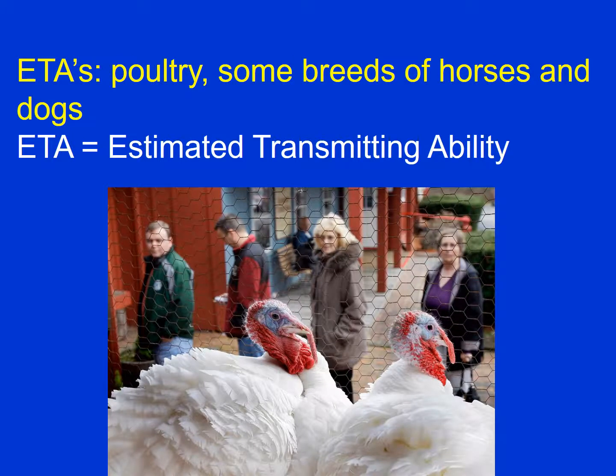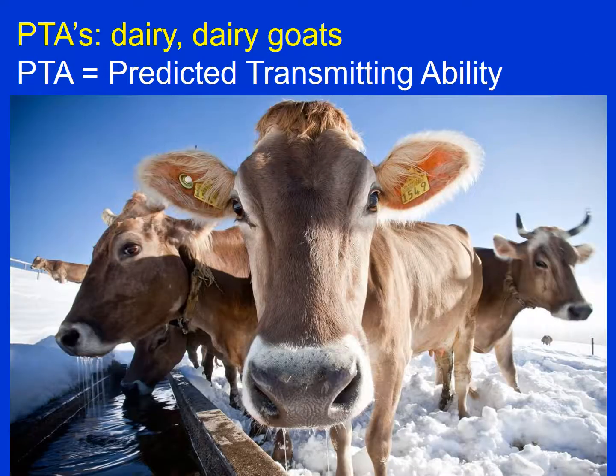Again, ETAs, estimated transmitting ability, are used in the poultry industry. Most breeds of horses don't have organized computerized genetic evaluations, but a few do, and they generally refer to them as ETAs. In dairy cattle and dairy goats, they're known as PTAs, or predicted transmitting ability. You might ask why every species calls its genetic evaluation numbers by a different name.